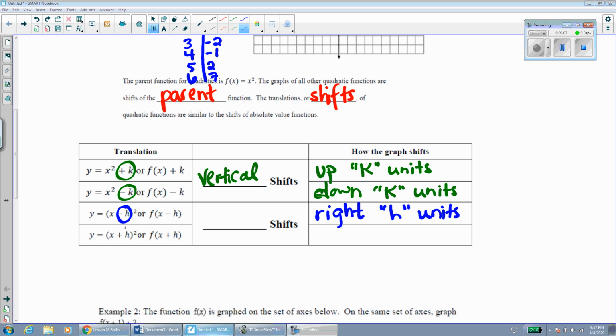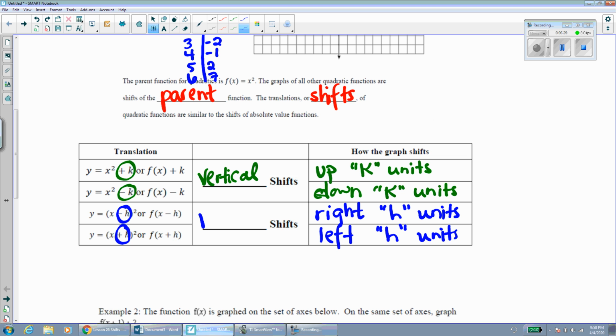And then if we were adding h inside of our parentheses, we would be moving to the left h units. Okay, if we took x plus 2, we would be moving to the left 2 units, or just 2.